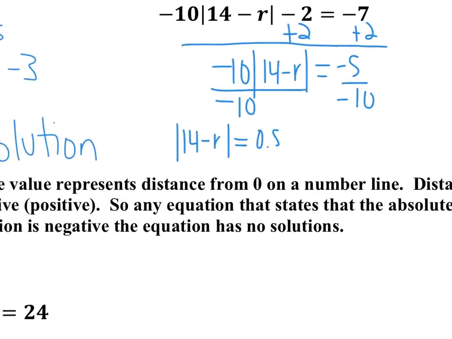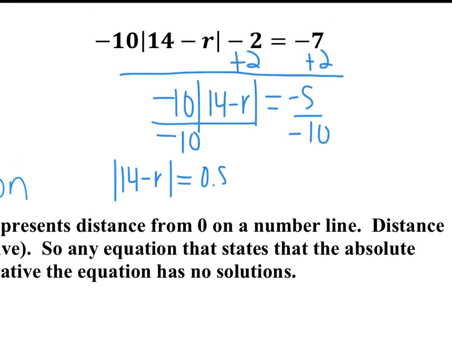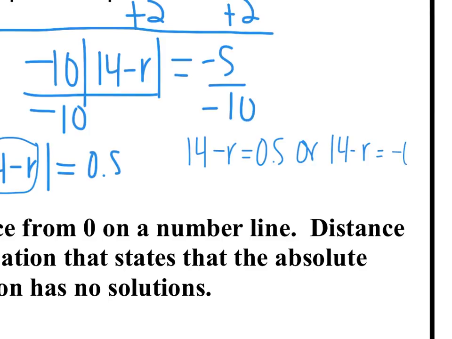This means that 14 minus r could be at 0.5, or it could be at -0.5, so I have to write it both ways. 14 minus r is 0.5, or 14 minus r is -0.5.